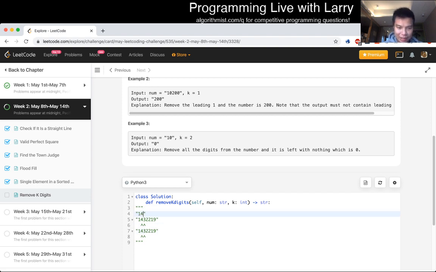Let's say you have this number. If we remove the 3, we get this number, and then if we remove the 4, we get this number, right?